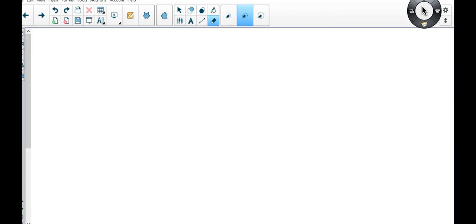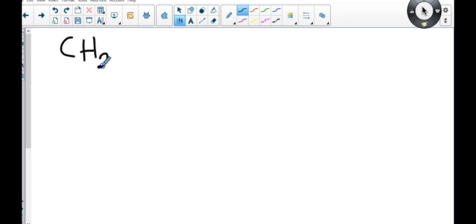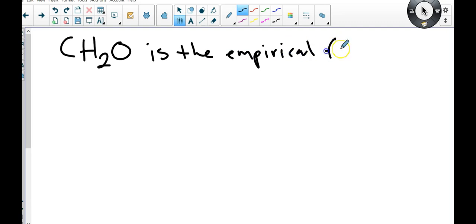So going back to the original example, well, we had C, this is in your notes, so it goes back to your other paper. CH2O. What if we were given that as the empirical formula? You kind of go backwards.